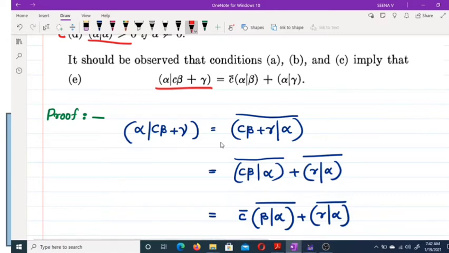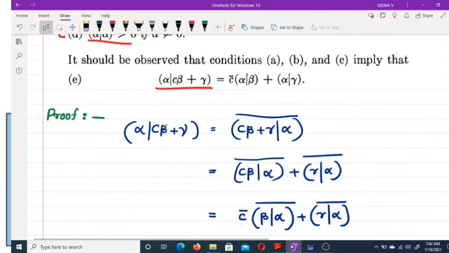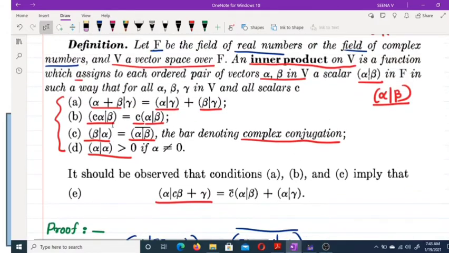What is the inner product of alpha and C beta plus gamma? By definition, inner product of beta and alpha is the same as the conjugate of inner product of alpha and beta. So this you can write as the conjugate of inner product of C beta plus gamma and alpha.